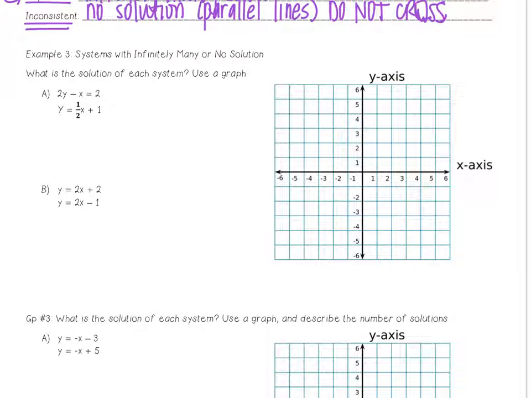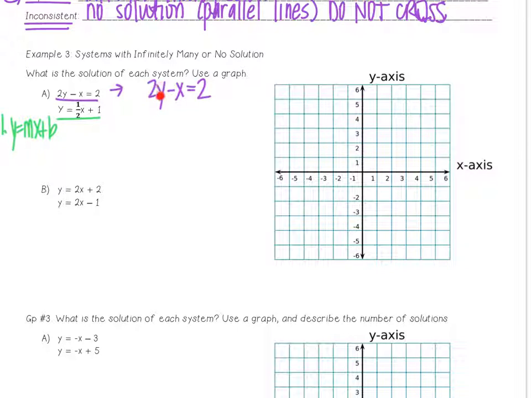All right, example 3. These are the special types of systems. So what we want to do first is put it in slope-intercept form. The bottom line is in slope-intercept form, but the top line's not, so we're going to have to rewrite that. And I'm just going to completely copy the question. Then I am going to solve for y.